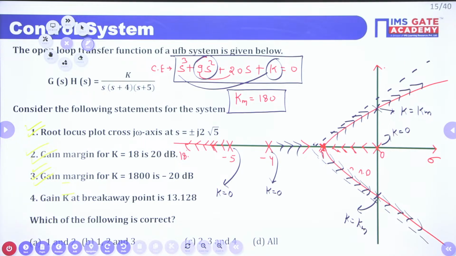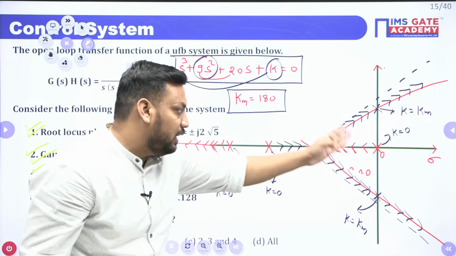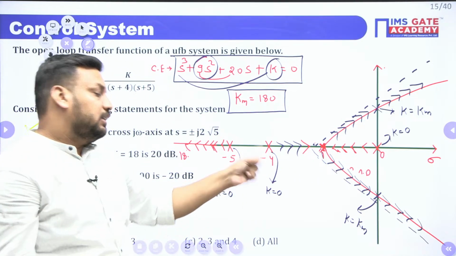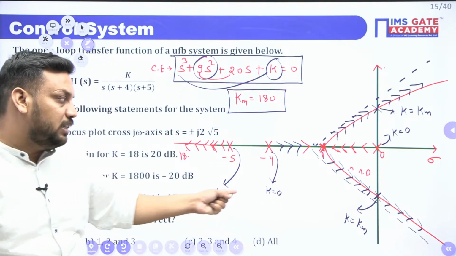The examiner is asking to find the gain k at the breakaway point. Can you find the breakaway point, guys? Yes, sir. The breakaway point is definitely between 0 and minus 4. Just like the last question, find the breakaway point by applying dk upon ds equal to 0.